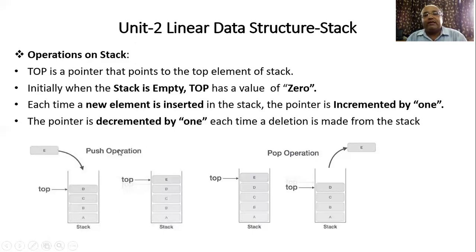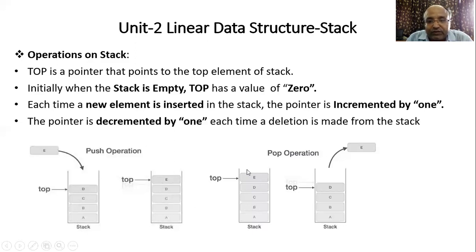This is about the push operation. Now, the opposite. Suppose we have this stack which already contains 5 elements, and currently top points to E. Our goal is to perform a pop operation. So which element will be popped out first? Obviously the element which was inserted last, that is E. So E will be removed.